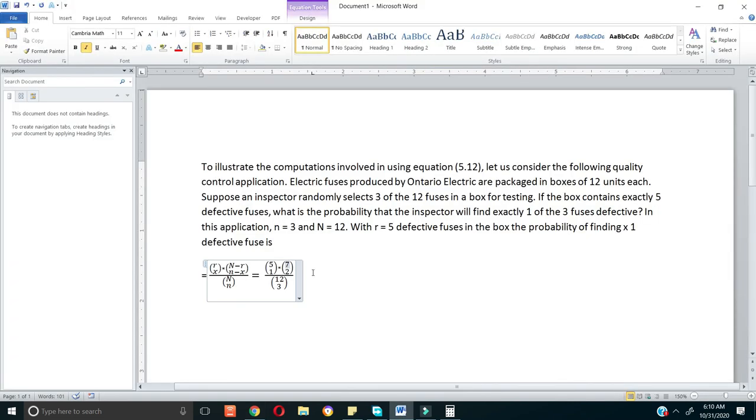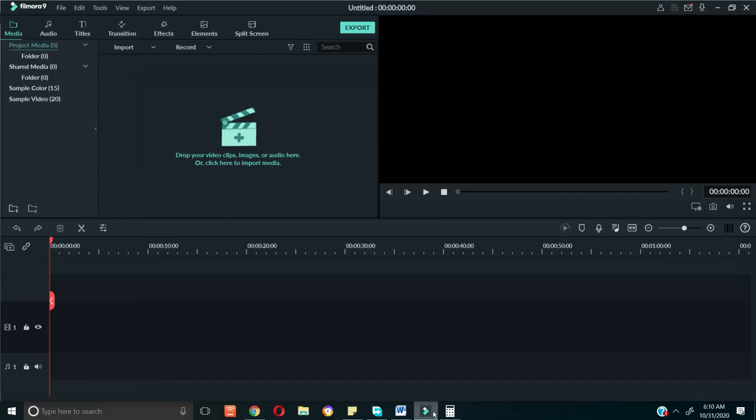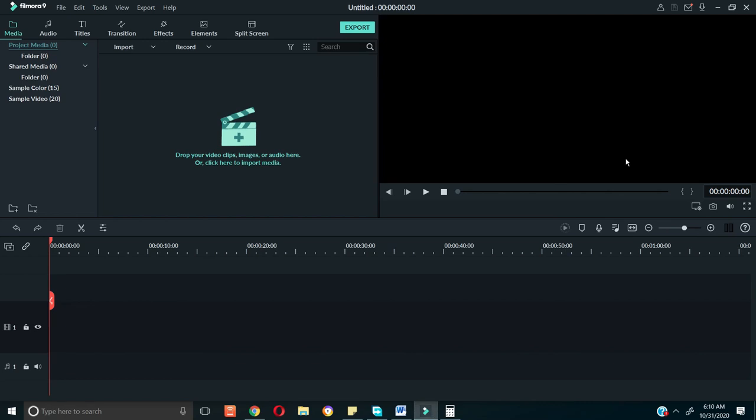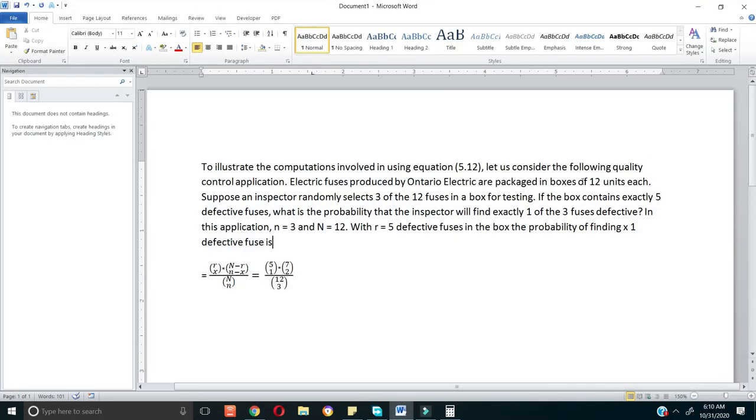So what remains is for you to actually calculate this value over here and then get the correct answer, but this is the correct form of the equation. So that's it for the last part of chapter 5.